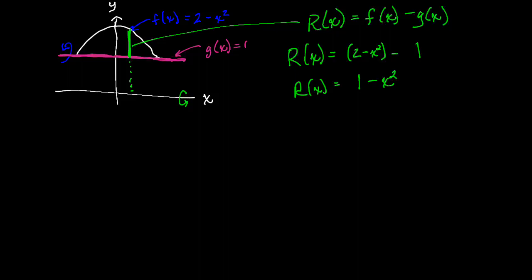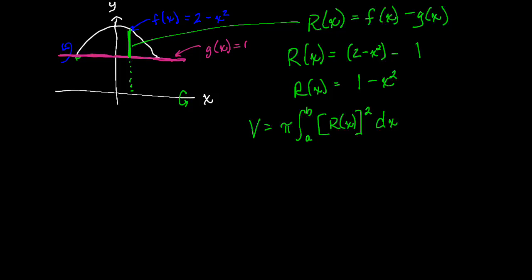Now I can use my volume formula: pi times the integral from a to b of r of x squared, radius squared, times the height. Remember, the height is the width of this infinitesimally thin disk being revolved, and the integral symbol means add up all those tiny disks.